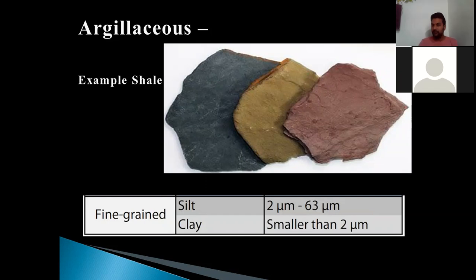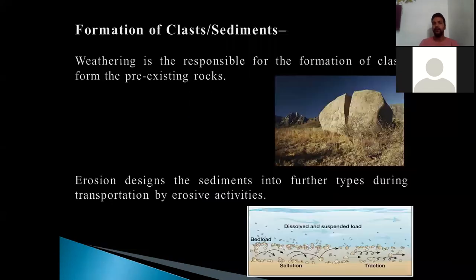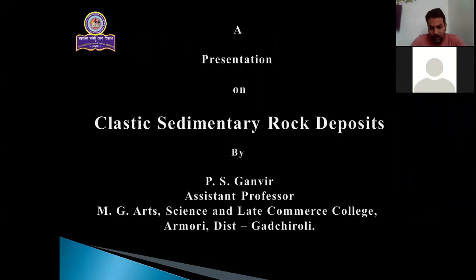So let us revise what we have studied in the clastic sedimentary rock. We have seen how they are different from the residual rocks. The formation of both these rocks starts from the weathering, but residual rock further moves in another direction to the residual concentration, whereas clastic rock moves for the erosion, transportation, and so on.